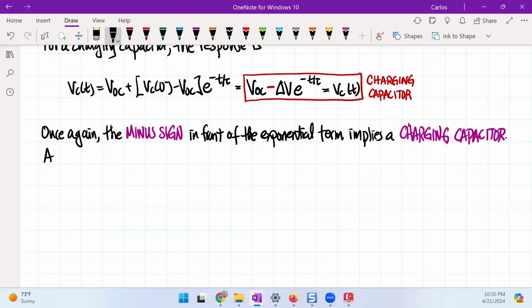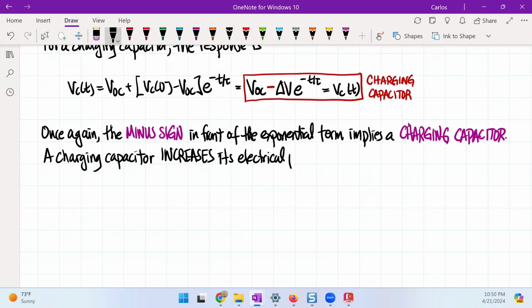A charging capacitor increases its electric potential by climbing up the electrical ramp.